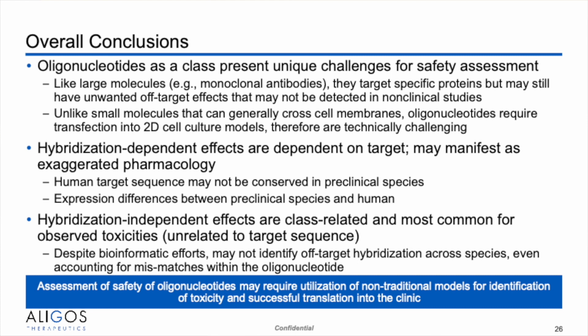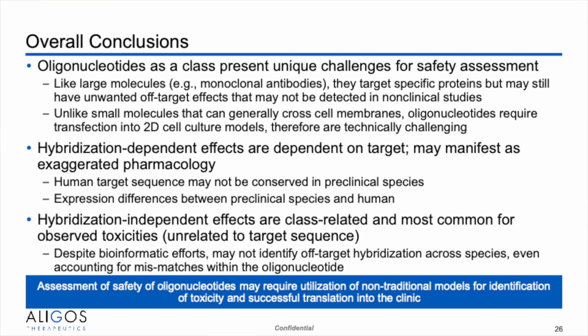So despite the fact that we make pretty heroic efforts around the bioinformatics and trying to test things in vitro, even looking at a number of mismatches, I think I showed the data that it takes up to 4 mismatches before you could start having an off-target.